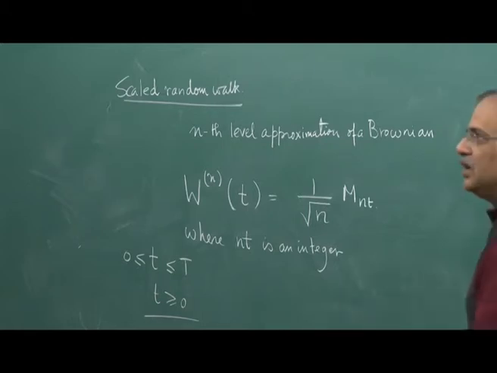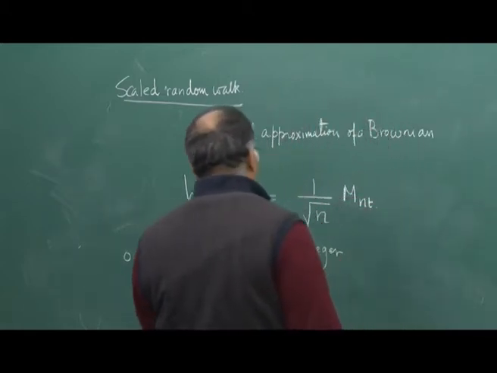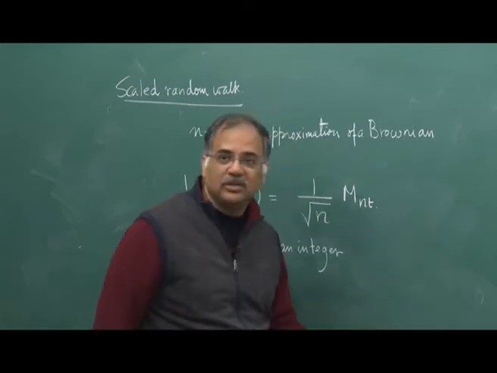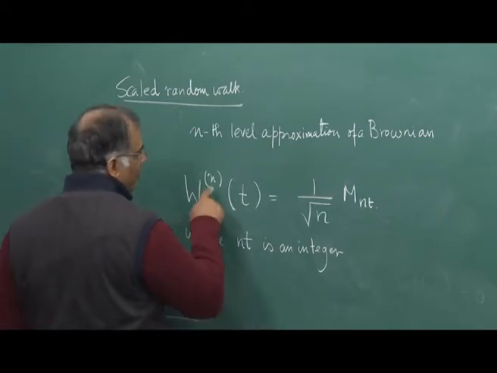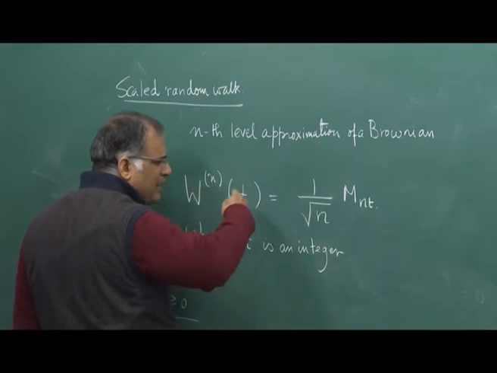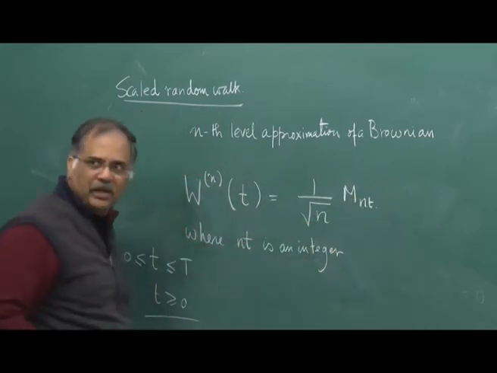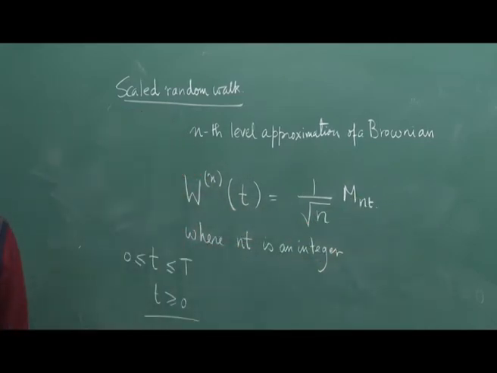So, what happens if nt does not turn out to be an integer? For n very large, at various time points nt would be an integer and you are computing it out of nt.